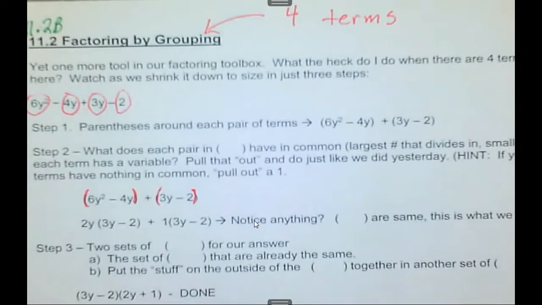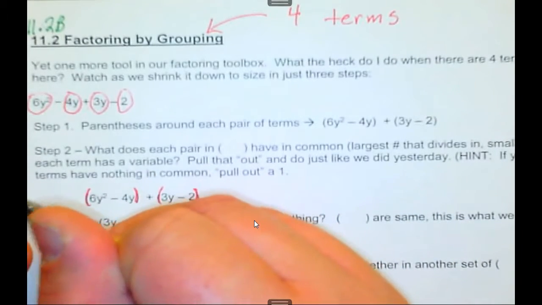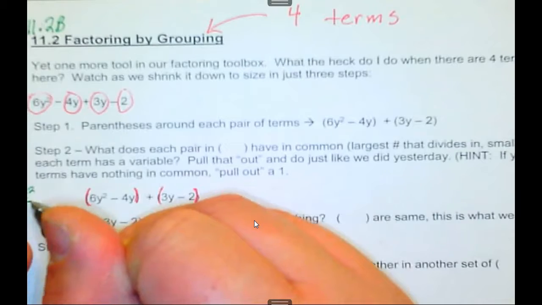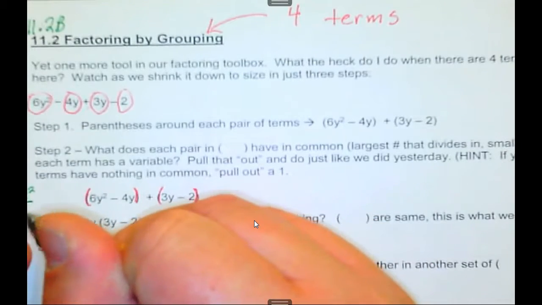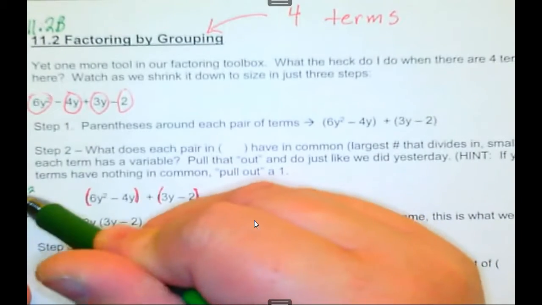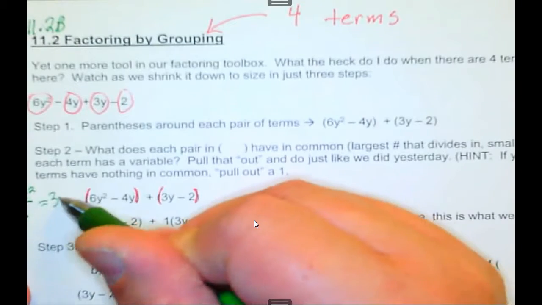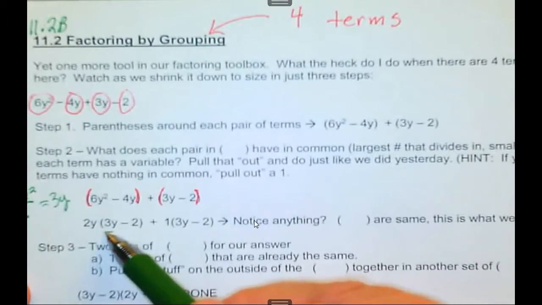Here's what I'm doing. When we distribute, we multiply. So when I undistribute, I have to divide. So I take my term here, 6y squared, and I'm dividing it by the greatest common factor. That's how I get 6 divided by 2 is 3. Y squared divided by y is just y. That's how I get my 3y.